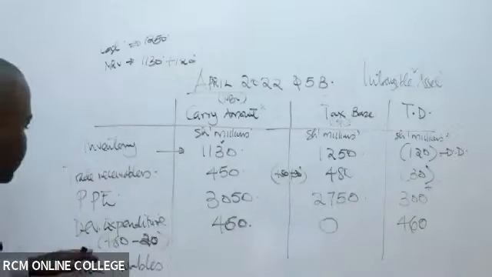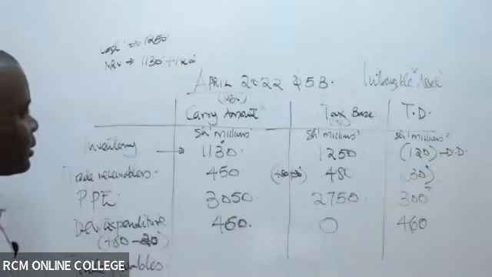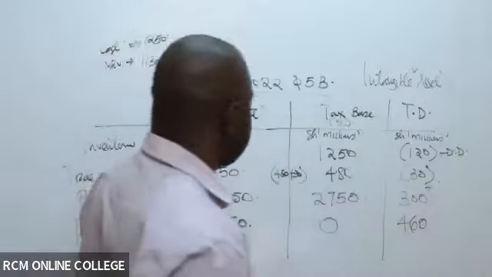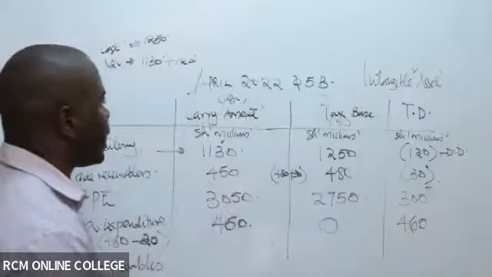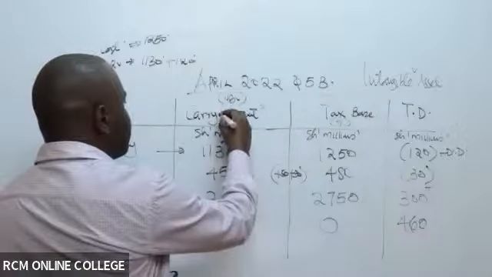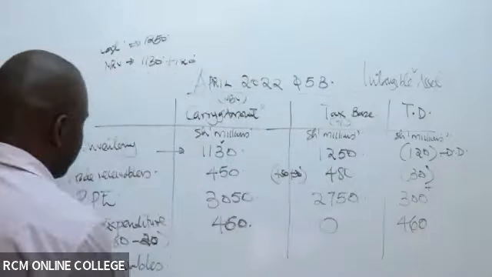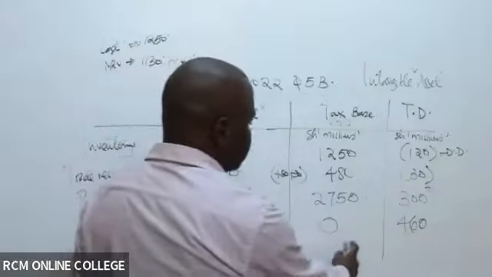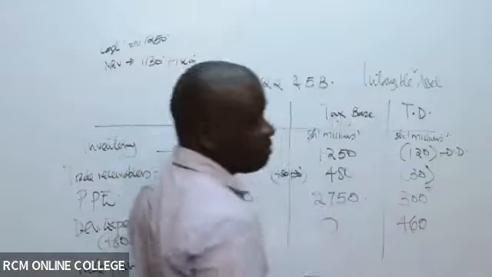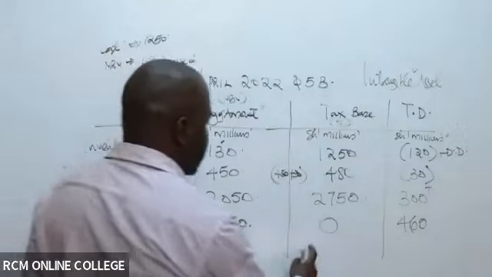Remember, all these other ones are basically liabilities, so when you are considering the carrying amount and the tax base, these ones will actually be negative.